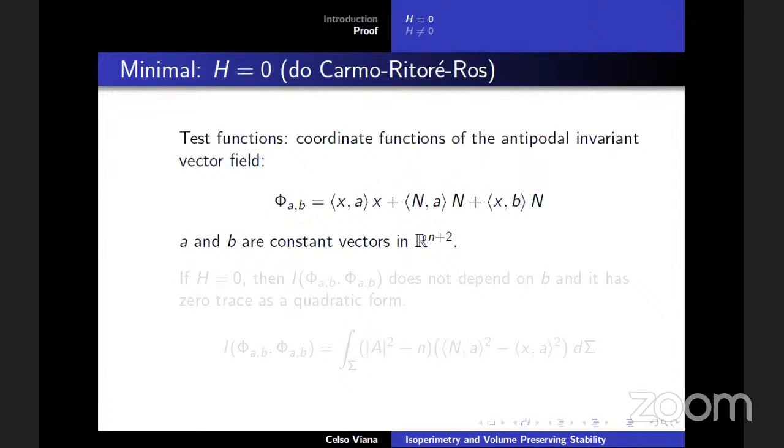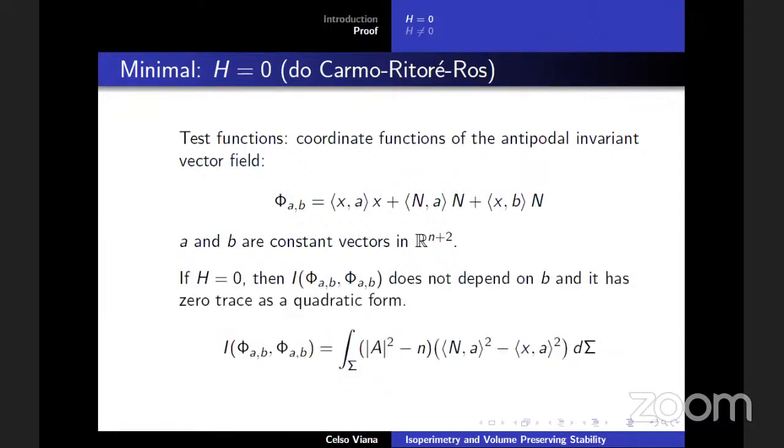Right, and so since our hypersurface is minimal, it's a long computation that you can do, and you will see that the quadratic form applied on the coordinate functions of this vector field gives you this expression, and as you can see, it does not depend on the parameter b, right?